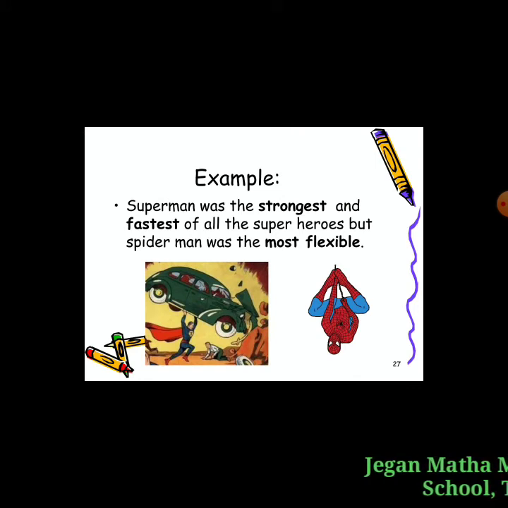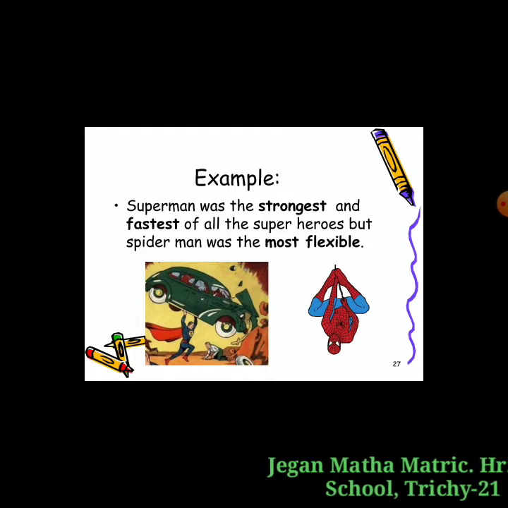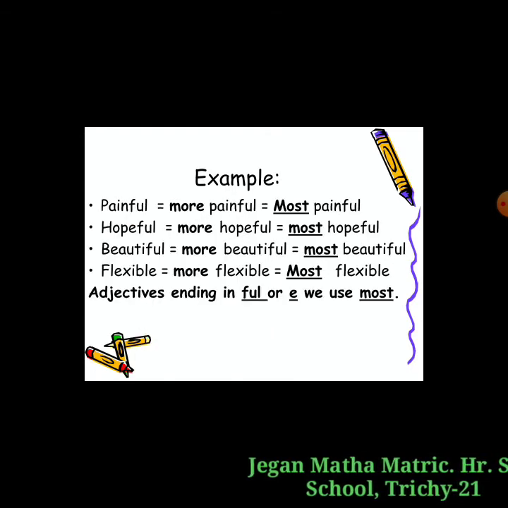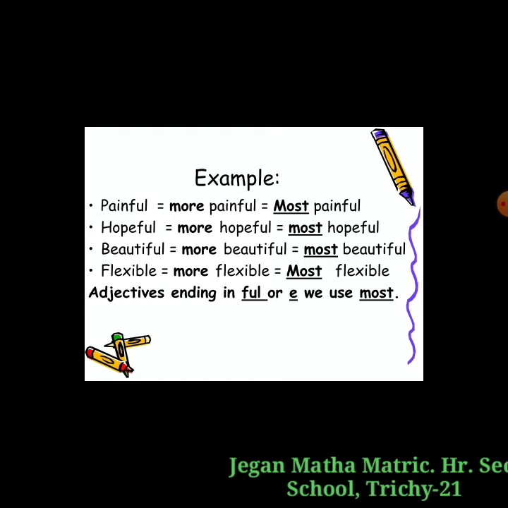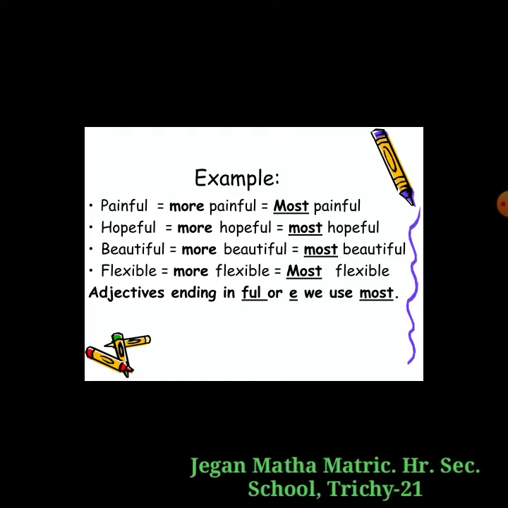Superman was the strongest and fastest of all the superheroes, but Spider-Man was the most flexible. Fastest, strongest, and most flexible. So these are superlative degree. For example, painful, positive, more painful, comparative degree, most painful, superlative degree.